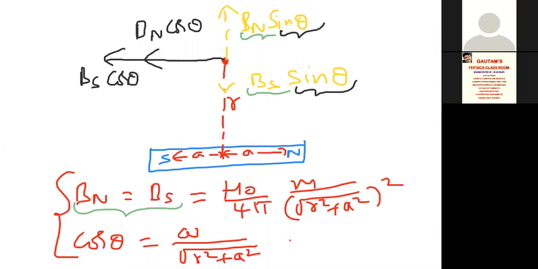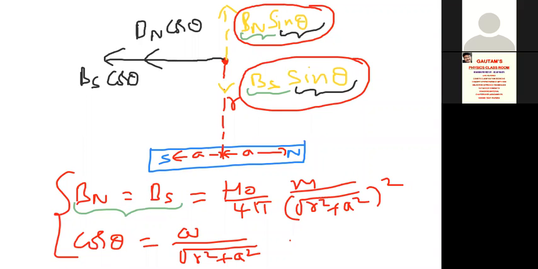That means Bn sin theta and Bs sin theta are both equal, and they are in opposite directions. That means we can cancel those terms. So now we don't have Bn sin theta or Bs sin theta.